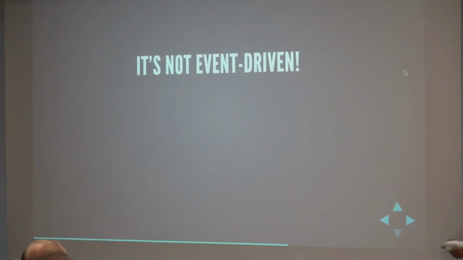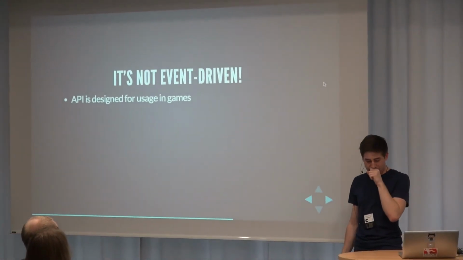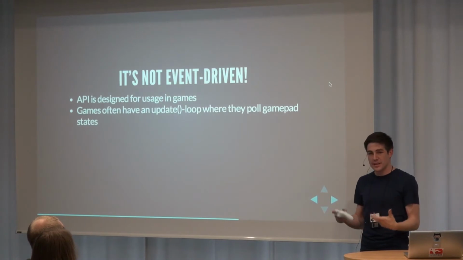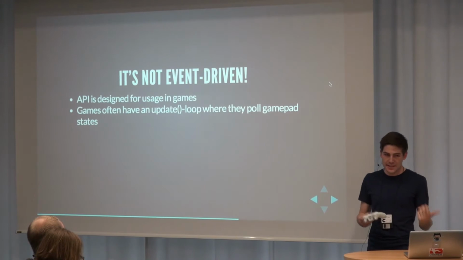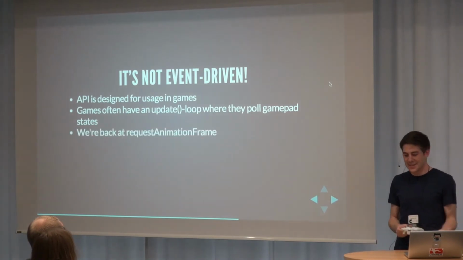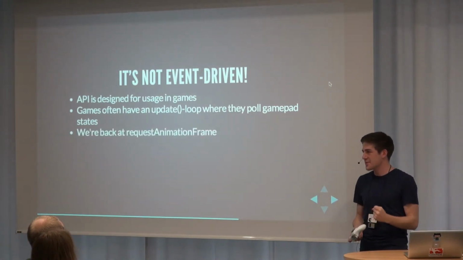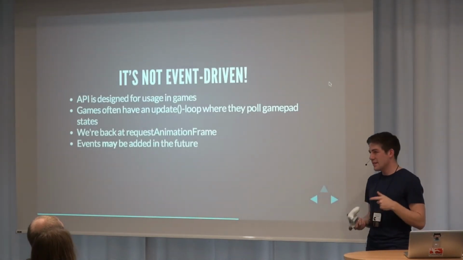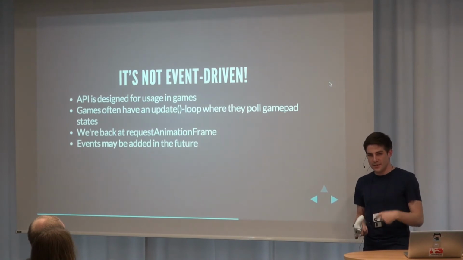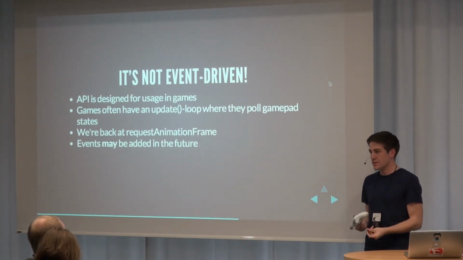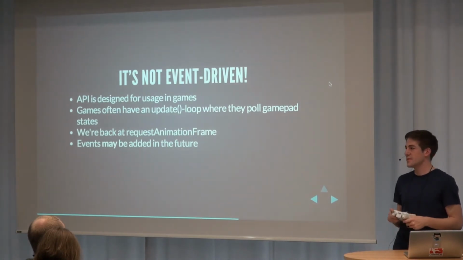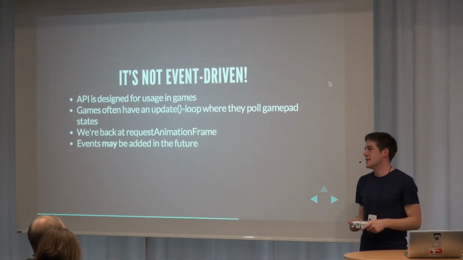It's not event-driven because it's designed for usage in games, and games normally have an update loop where you get the controller state and everything, and you poll the gamepad states. Yay, we're back at requestAnimationFrame. Awesome. No. There might be events added to the API in future, but it's under heavy development, so we don't know. I think Firefox already has some events for it, but for now we don't.